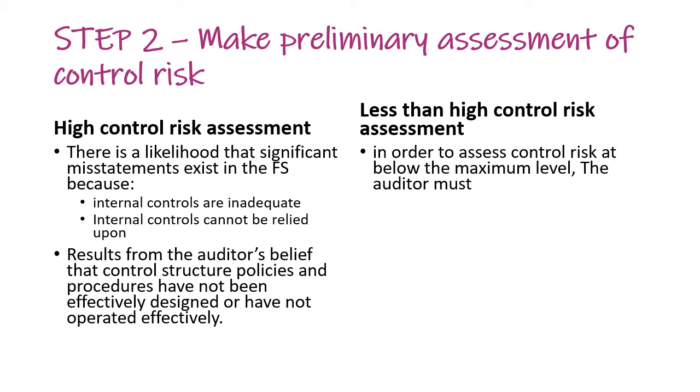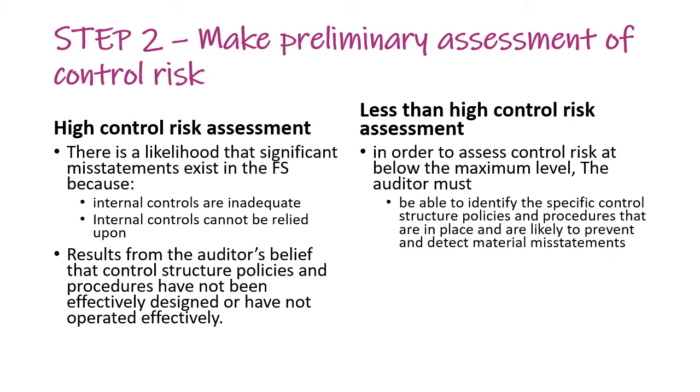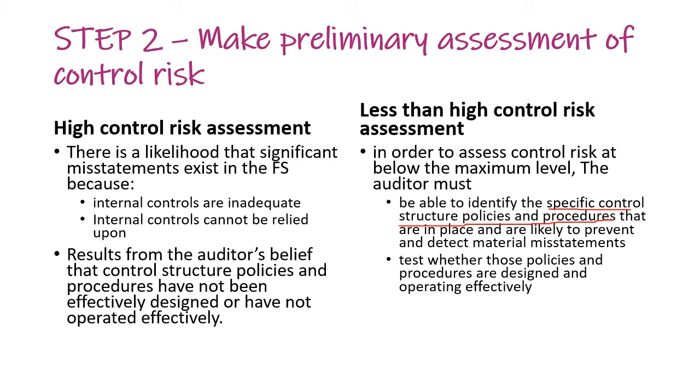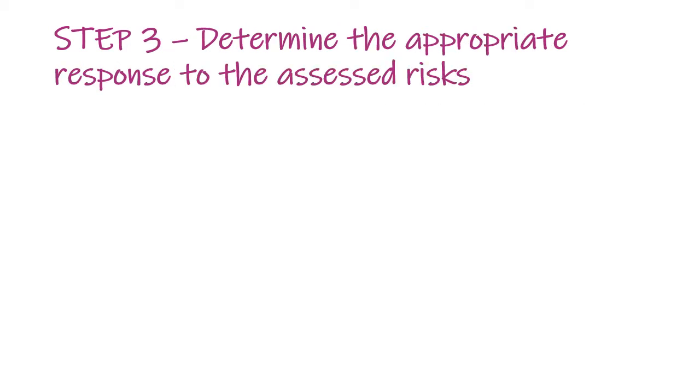In order to assess control risk at below maximum level, the auditor must be able to identify the specific control structures and policies and procedures that are in place and are likely to prevent and detect material misstatements. Then test whether those policies and procedures are designed and operating effectively. So you need to perform the test of controls.